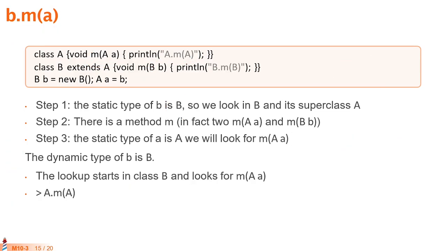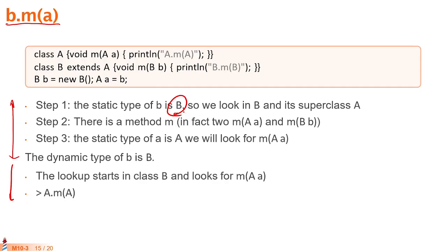Let's see this other example. We have a B, and in this case we are going to test this expression: we have b, and we are sending the message m, passing as argument the little a. So in compilation, again, we are going to try to decide the signature of the method that we are looking for. We start with the static type of b, which is the class b. That is easy.